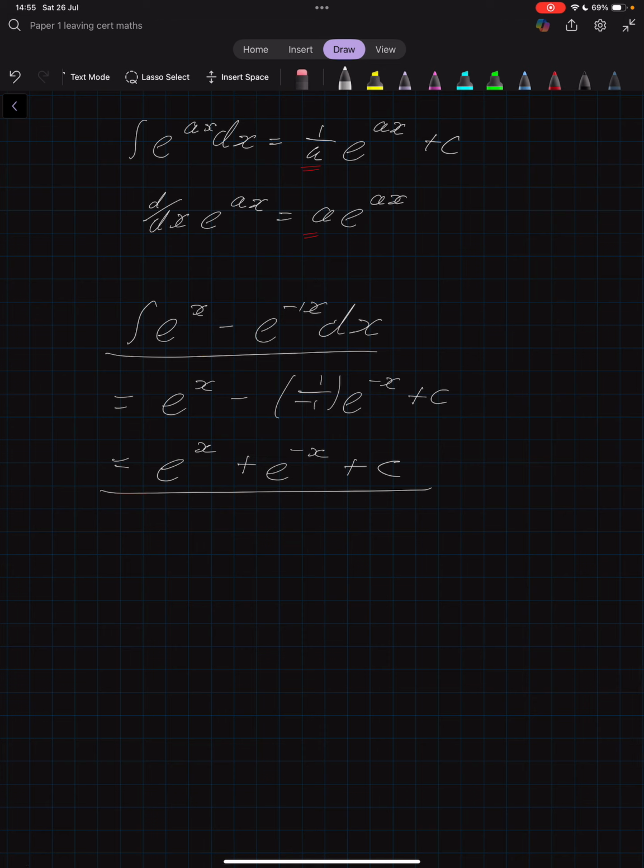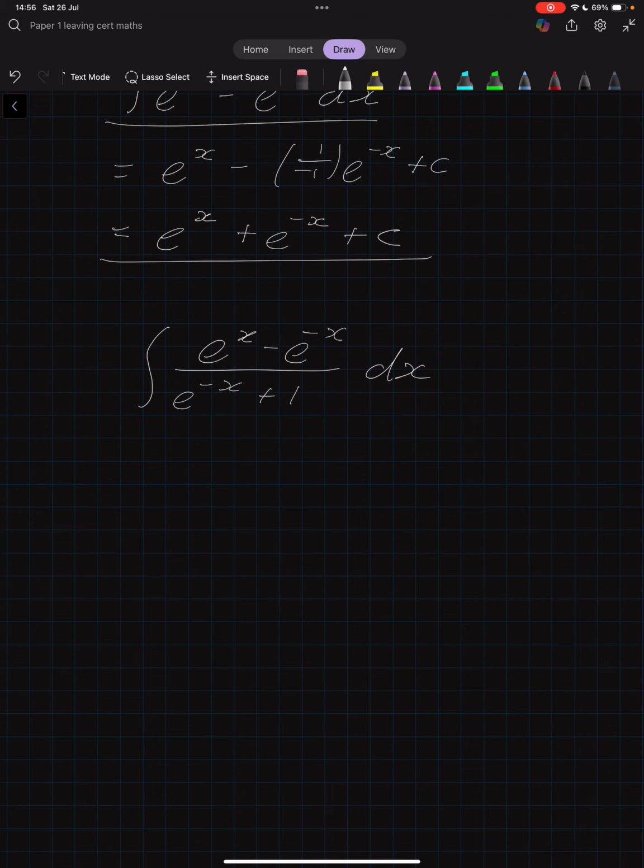They're asking me to integrate e to the x minus e to the negative x all over e to the negative x plus 1. Now, this looks absolutely disgusting, and it kind of is. Whenever you're faced with something like this, you want to get rid of what looks awkward. These e to the negative x's on the top and the bottom just look awful.